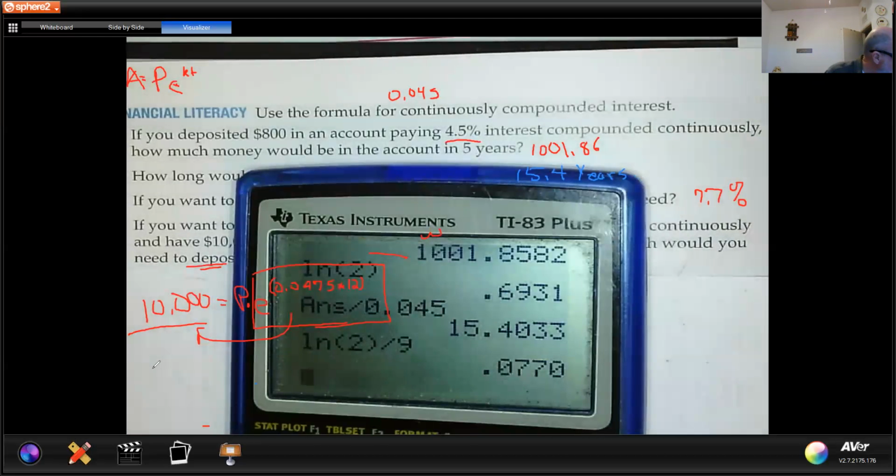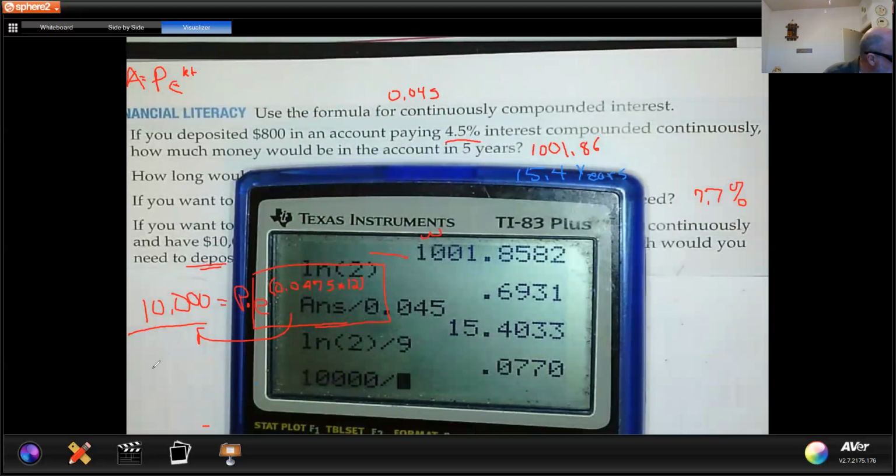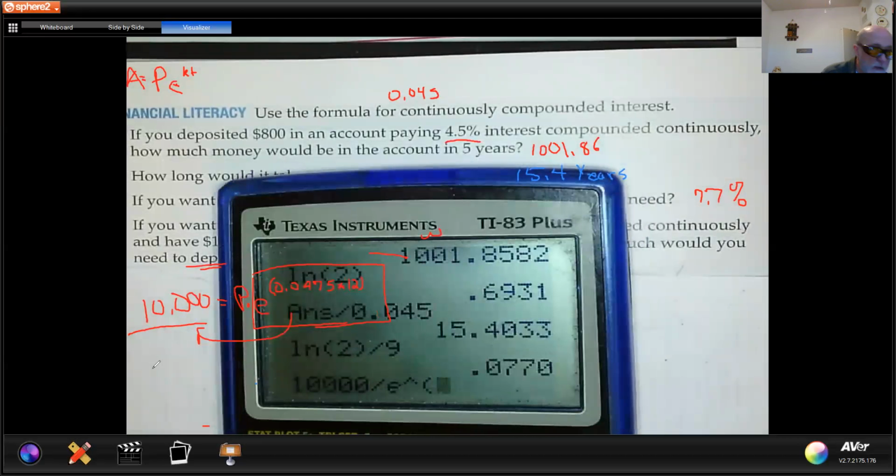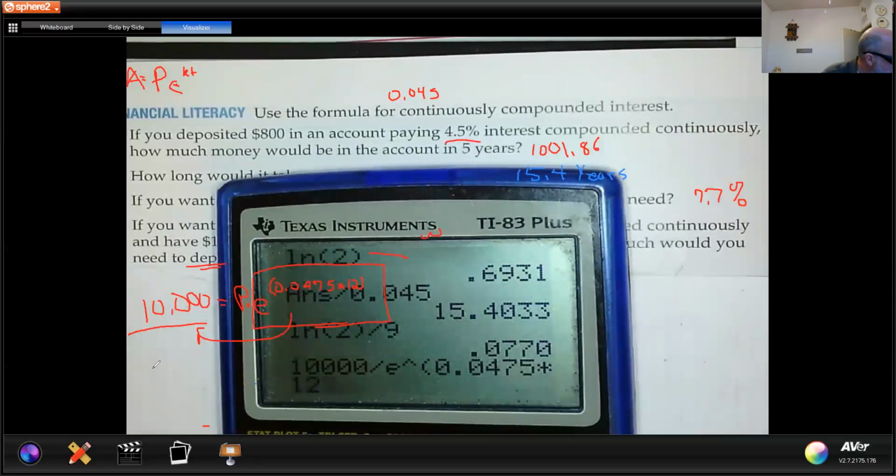So I've got 10,000, and then I'm dividing by, and then I do second natural log, e to what power is it? Well, we said it was 0.0475 times 12, right? That's what we said, right?